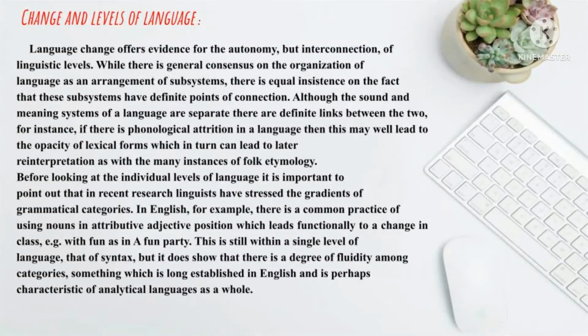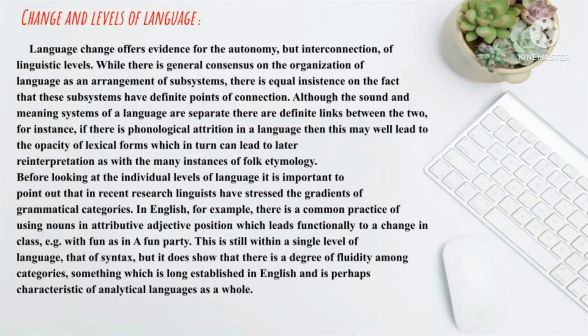Although the sound and meaning system of a language are separate, there are definite links between the two. For instance, if there is phonological attrition in a language, then this may well lead to the opacity of lexical forms, which in turn can lead to later reinterpretation, as with the many instances of folk etymology.